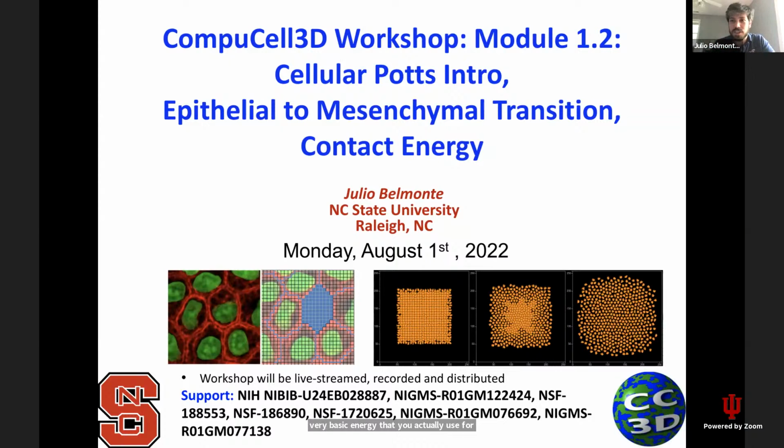The cells do adhere to one another, and we're going to use that to explore the epithelial to mesenchymal transition, which is something that we can actually play with by just changing the contact energies between the cells. Okay.